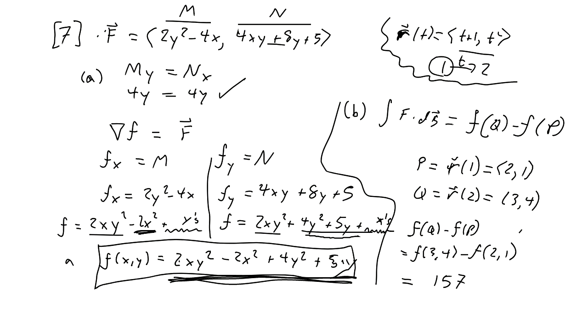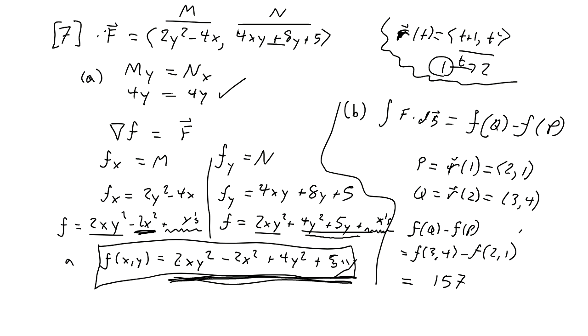Before we leave number 7, does anybody else have questions about this one that we just did? I kind of do. Just looking at where you're doing your fundamental theorem, it's f of q minus f of p, and why do you know that p is r of 1 and q is r of 2?